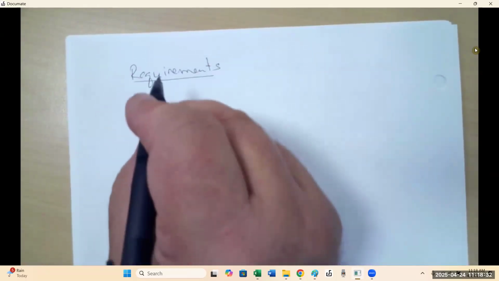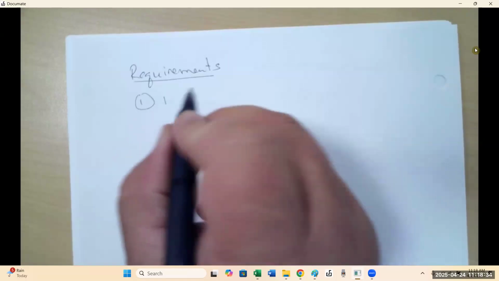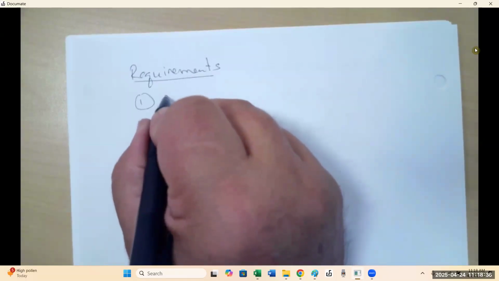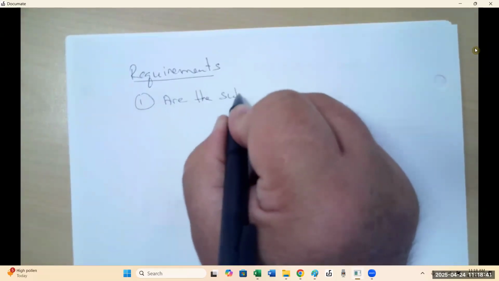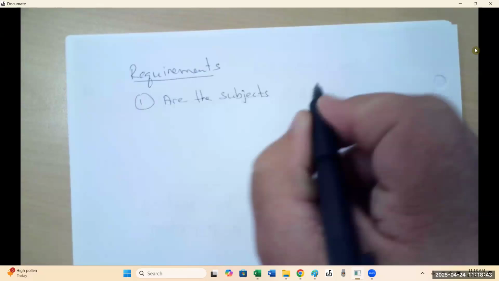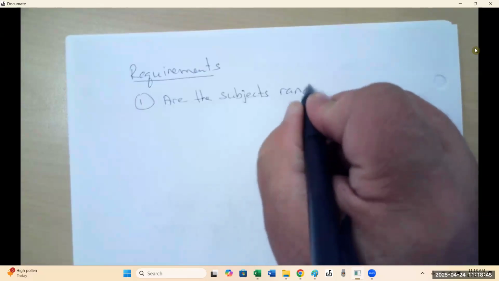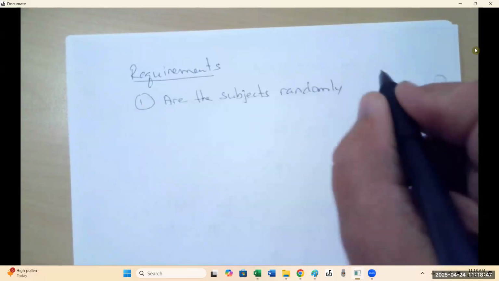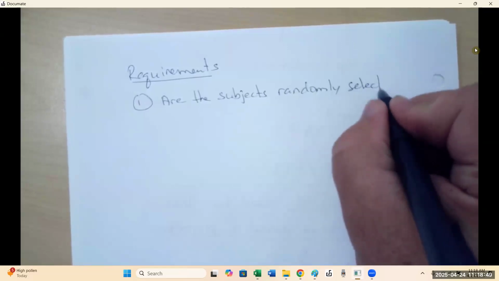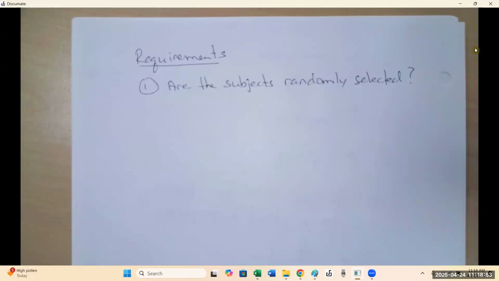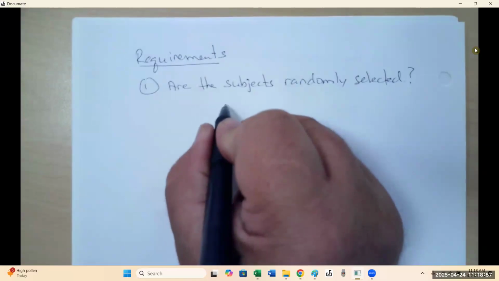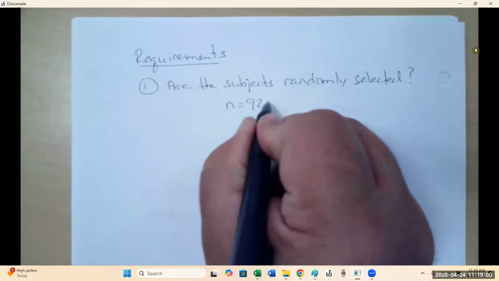The first requirement: are the subjects randomly selected? Yeah, they just asked them, so there's no rhyme or reason. So we know n equals 926.